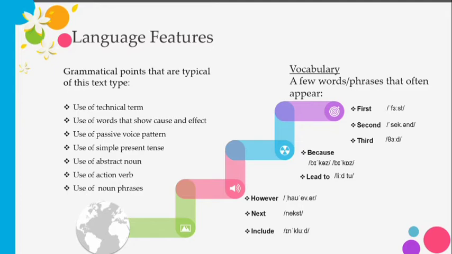Use of abstract nouns. An abstract noun is a noun that refers to an intangible concept such as an emotion, a feeling, a quality, or an idea.